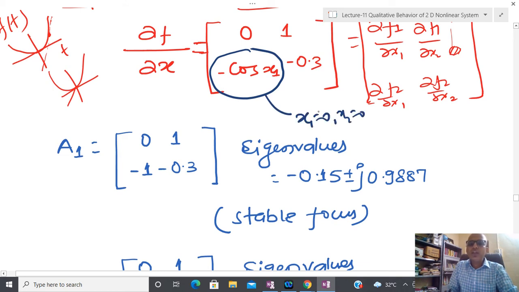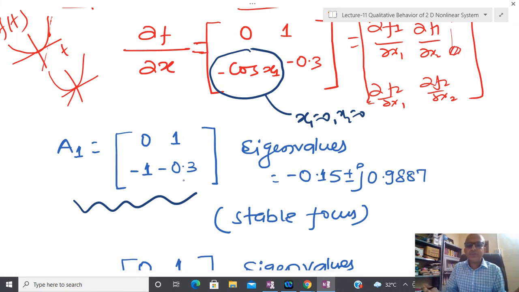Since the x2 variable is not involved in cos x1, cos x1 is nothing but 1, so that entry is -1. Now you can just check the eigenvalues, because in the previous class we saw that in order to do phase plane analysis I just have to check the eigenvalues. If I check the eigenvalues, then the eigenvalues are complex.